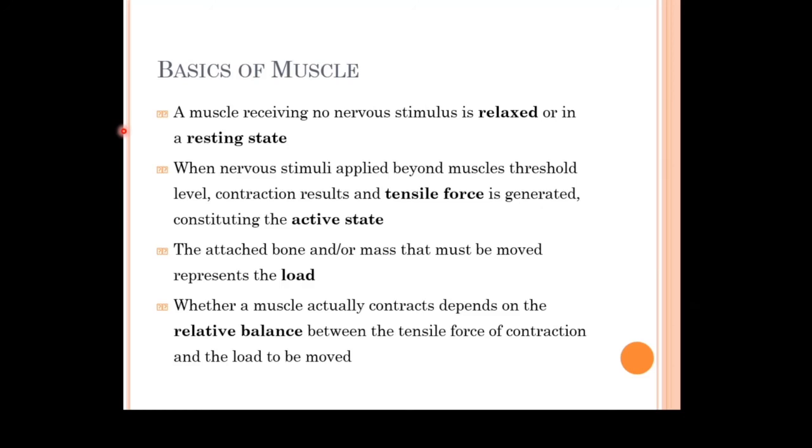So what type of movement will happen is the net result of the relative balance between the tensile force of the contraction and the load to be moved. It means that the power of the muscle has to be equal to the load it has to move if the muscle has to work. If the load is too heavy, however much pull the muscle applies, it cannot lift or move the load.